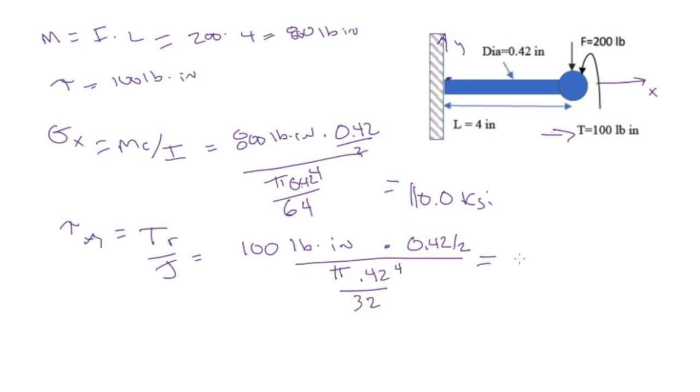This is for a circular cross-section. And we get 6.87 KSI. So those are the two stresses that we have at this element on the top of the beam here. The bottom of the beam, the sigma x would be exactly the same, except it would be compressive, and the shear stress would be the same.